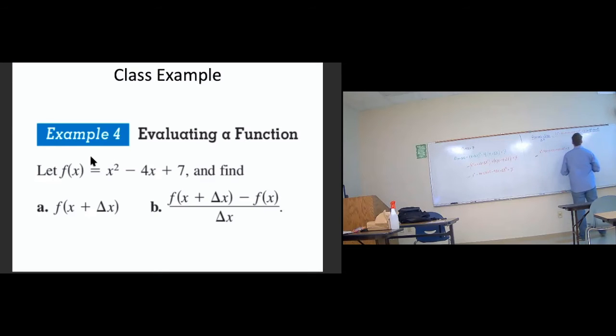We're going to distribute that negative sign through and drop the parentheses. So that's going to be negative x squared plus 4x minus 7, all this divided by delta x.